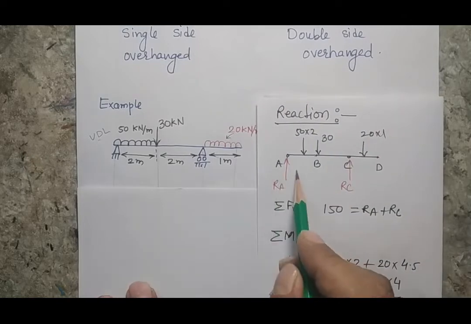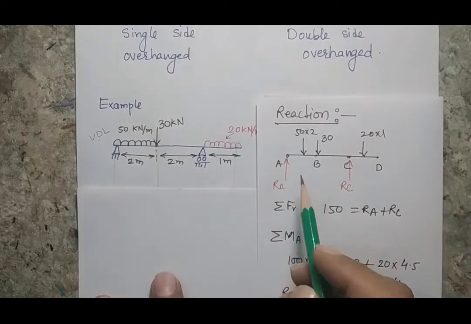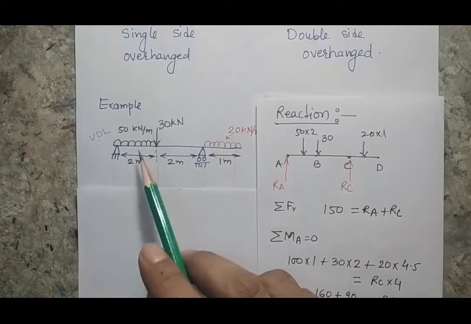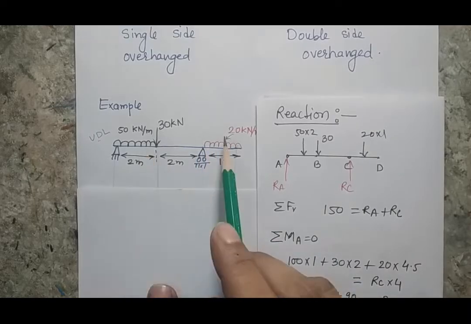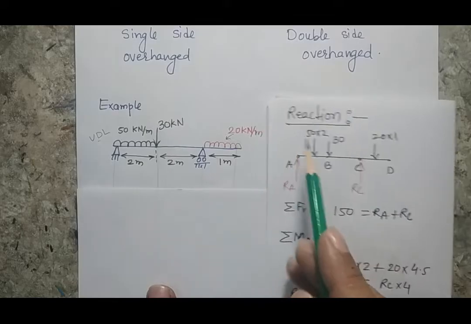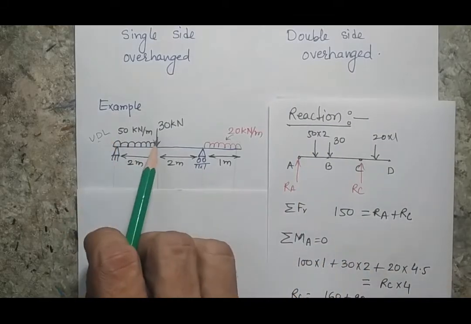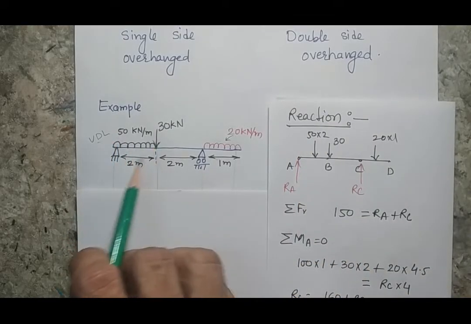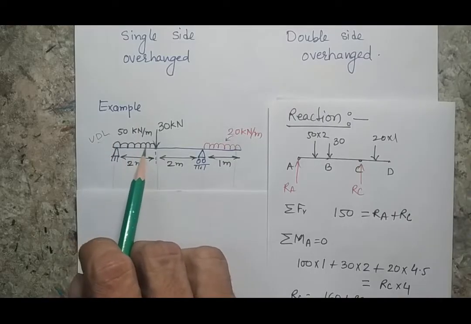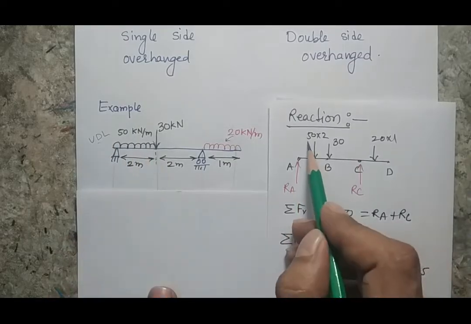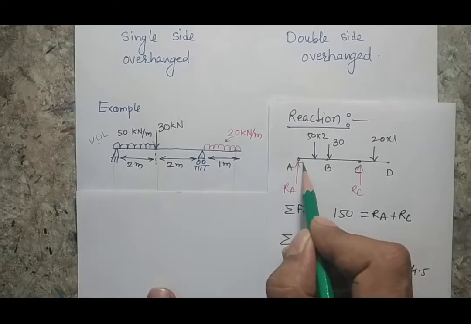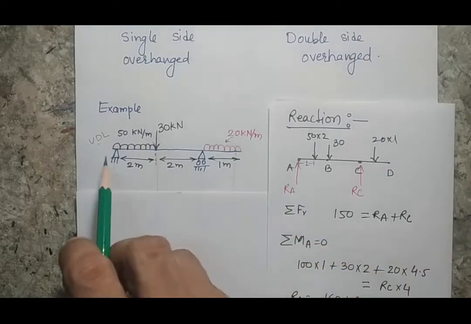Now here I am representing the equivalent beam, and what I did here is, instead of the uniformly distributed loads, I have converted these two loads into point loads. And how did I do that? This is a 50 kilonewton load acting for a span of 2 meters. So if I remove this and assume a point load, that would become 50 into 2, and it will act at a distance of 1 meter from this end, because the total distance is 2.